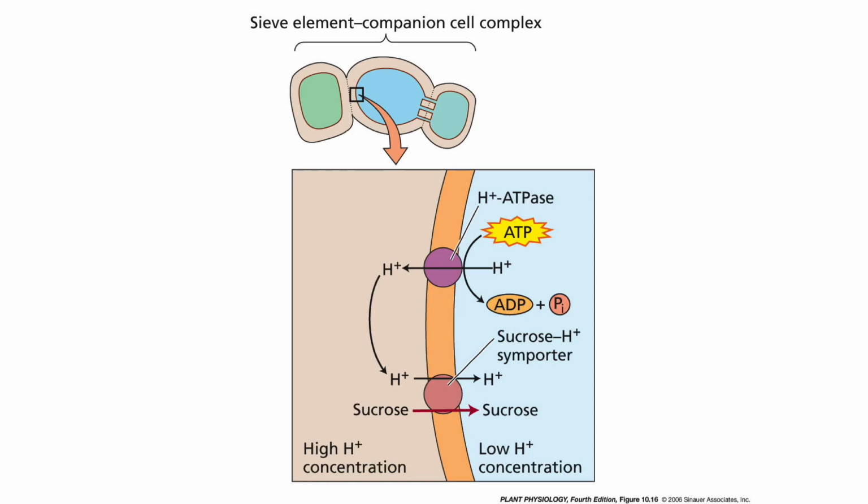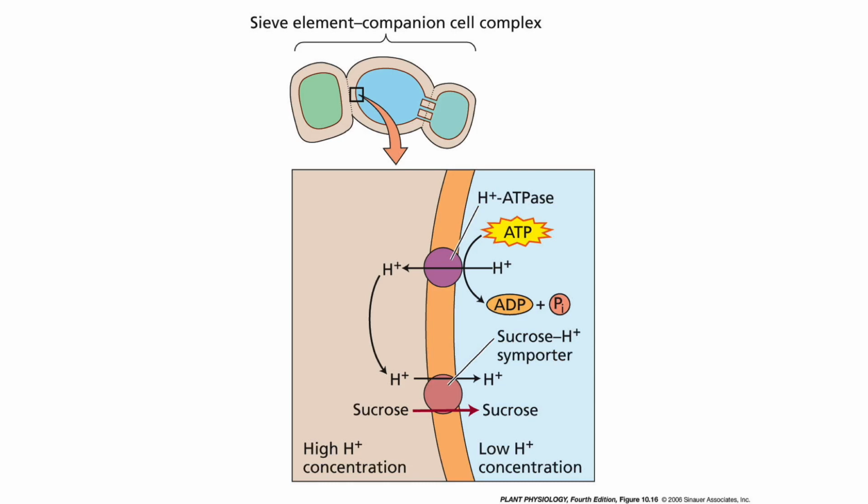And we know the mechanism here. There is a proton pump that we talked about before when we talked about ion transport that pumps protons into the apoplast from the cytoplasm using ATP. So it's using energy and it's electrogenically pumping protons actively against its electrochemical potential gradient. And those protons then are used as an energy source to drive sucrose transport into the cytoplasm of the companion cell from the apoplast.